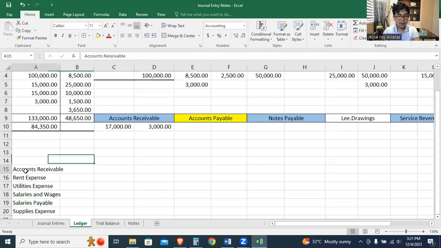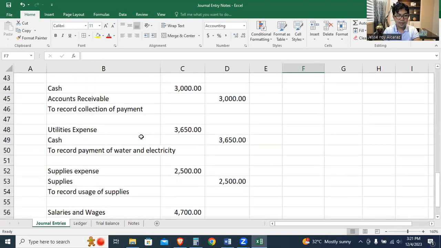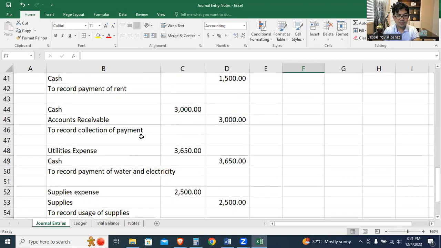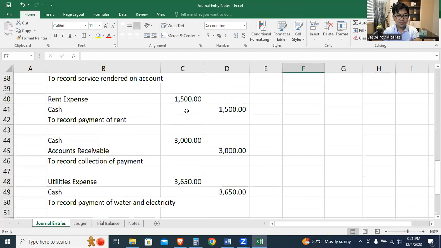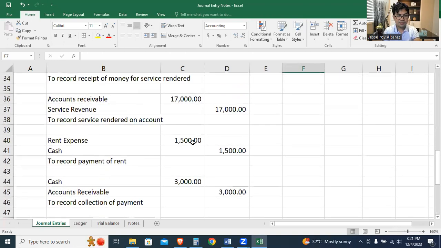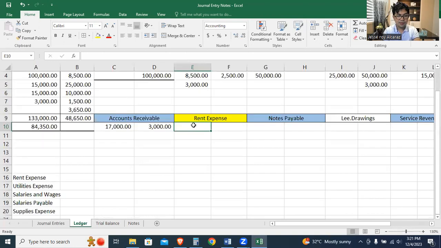Next would be rent expense. For the rent expense, naa tay 1,500. Okay, debit. Then, utilities expense.